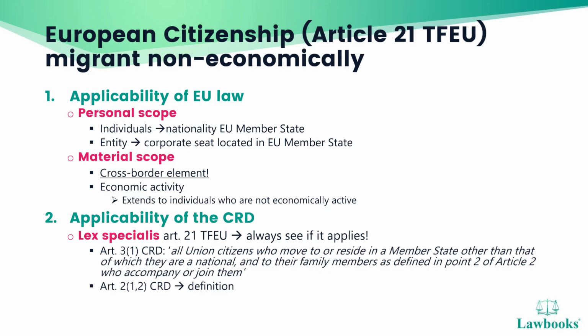So you don't need to be a worker to be able to invoke your rights based on Article 21 of the TFEU. So it's an element we're almost always dealing with when we're talking about EU law, economic activity, but explicitly it extends to individuals who are not economically active.